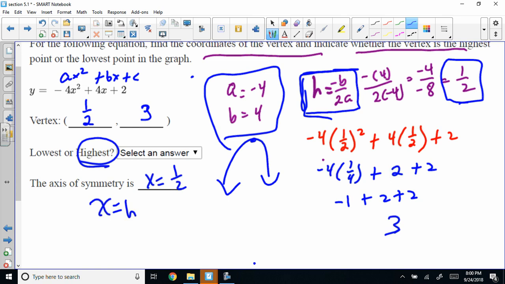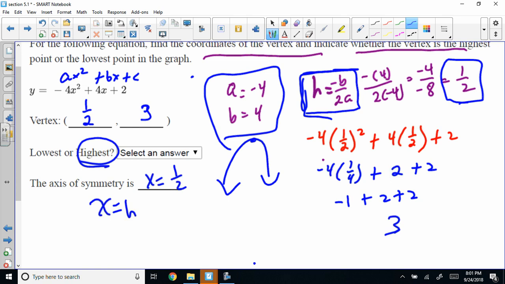All right. Any questions on this? Did I give you enough head start? No questions off these? It's basically the same thing. It's going to take a general form and ask you to put it in standard, which is really vertex, right? So you're going to have to do h equals negative b over 2a, and then substitute it back in.